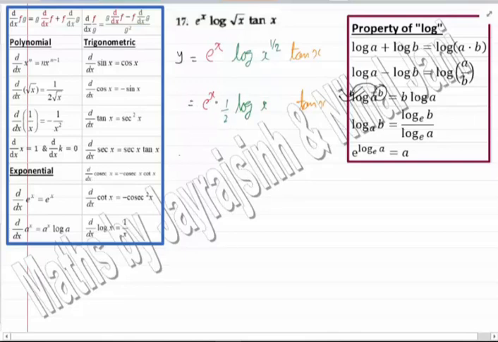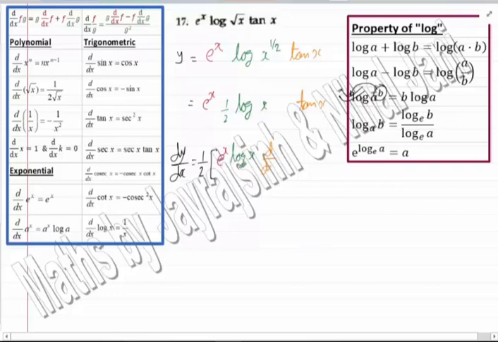Now we have 3 different functions in multiplication. So during the differentiation, 1 by 2 is as it is throughout the sum. Now let's apply the multiplication rule for the 3 terms. In the first step, first and second will be as it is.